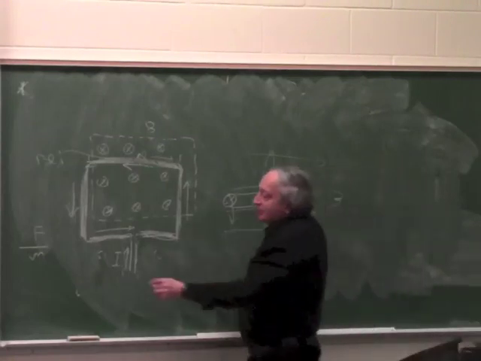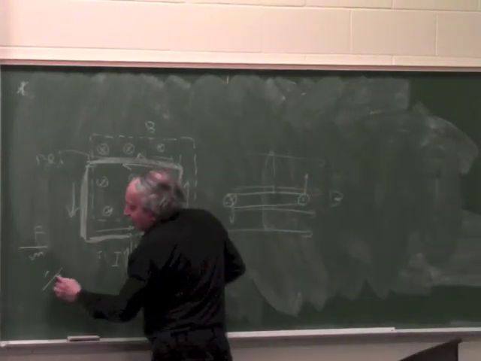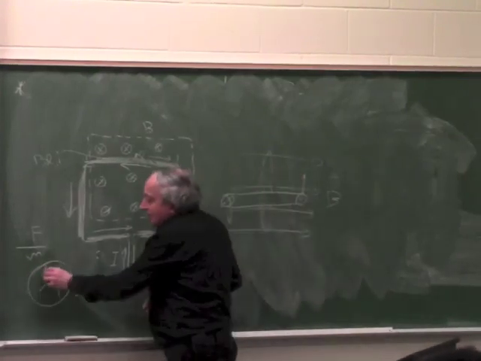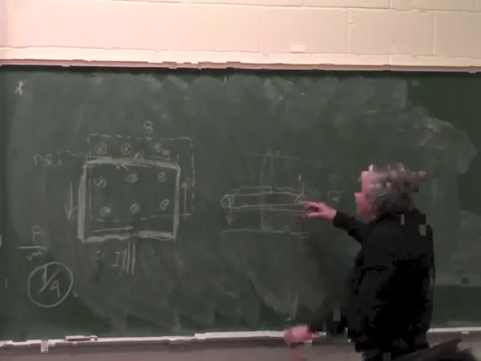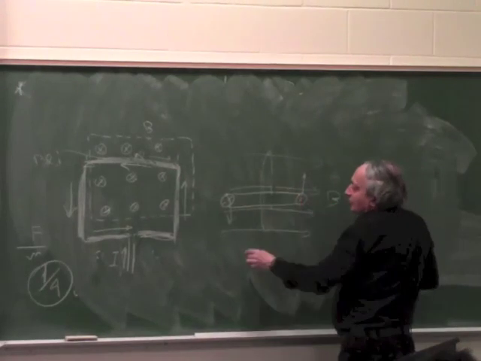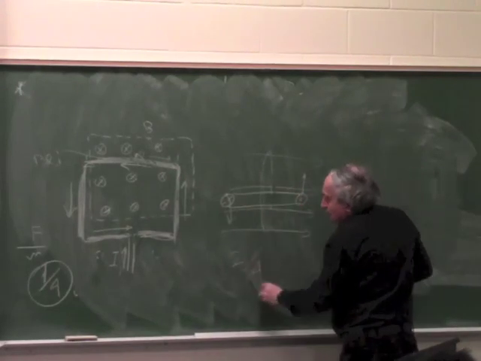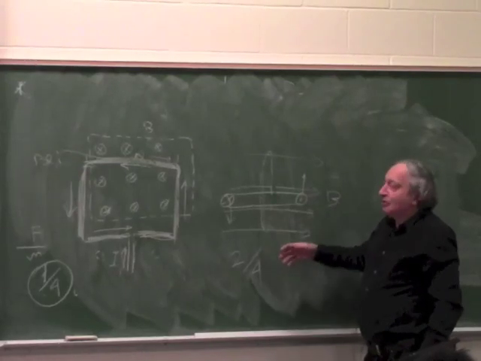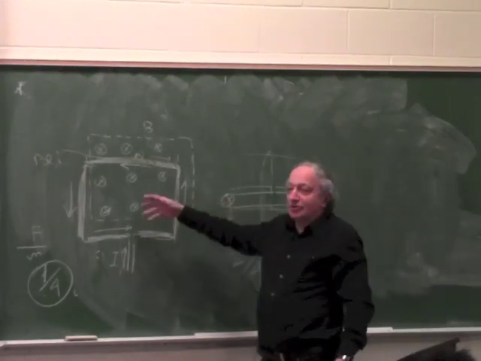Here it's only 1 of 4 that generates force. If you make a loop like this which generates a torque, you have 2 over 4 generate a torque, which is better. Okay? But what about if you want linear motion, not torque?